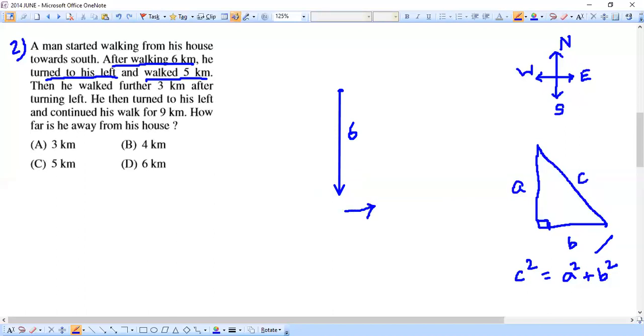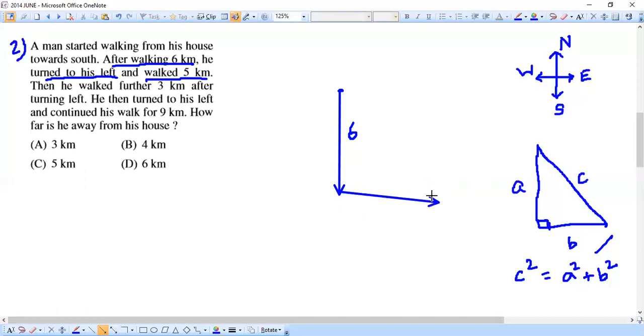Maybe for us it looks like right, but for the person traveling towards the south, the left hand side will be like this. So he will be traveling from here, a further distance.